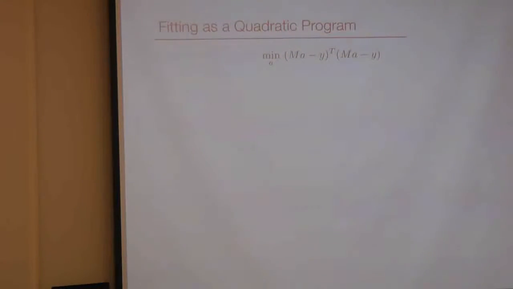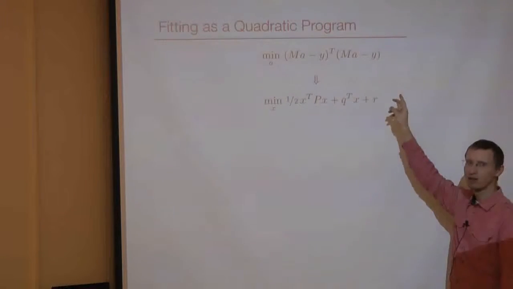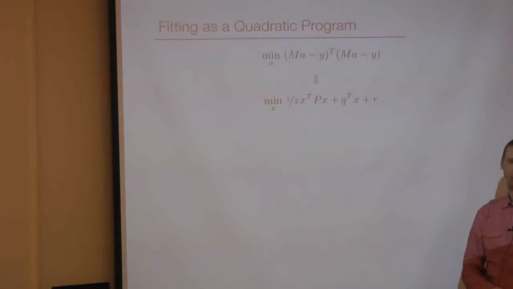And now we would like to formulate and solve this problem as a quadratic program, which means step one, and this is actually quite important, we have to know how to translate the problem into the standard form. The standard form has 1/2 in front of the quadratic term. It has a linear term, and it has also some constant term.